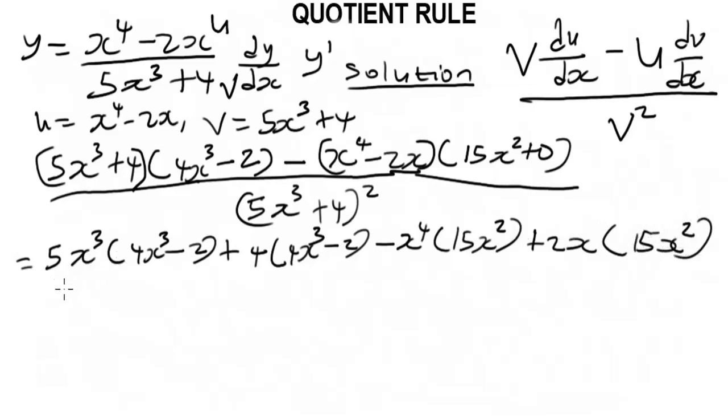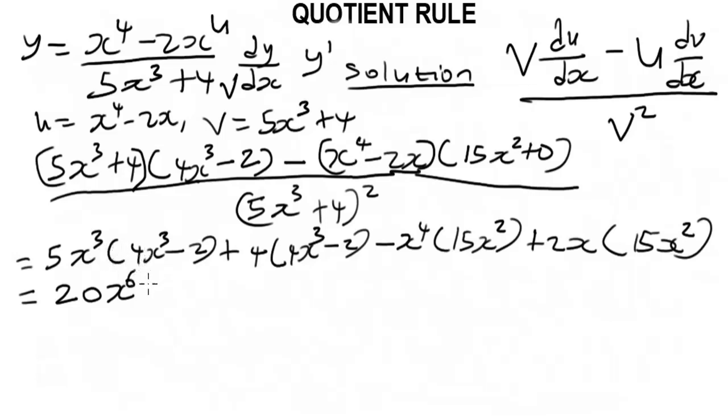Let's simplify the numerator. 5x cubed times 4x cubed gives 20x raised to the power 6, by the law of indices.